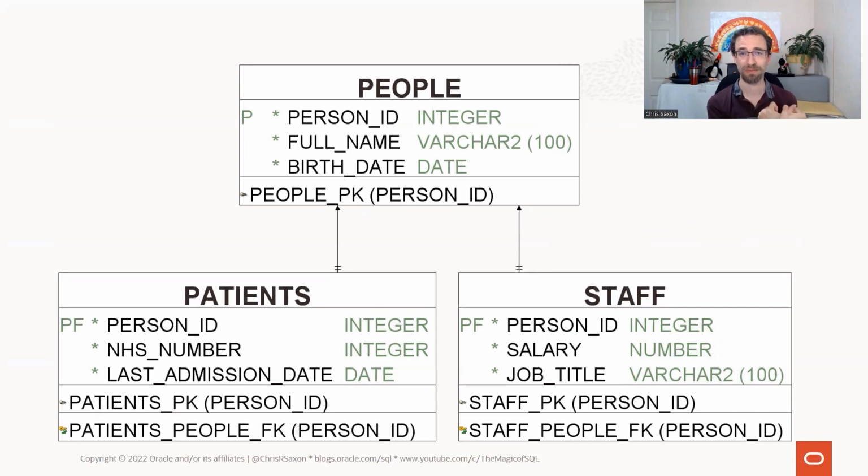This ensures we can make all the attributes mandatory where necessary, we avoid duplicating people's information, and it limits the chance of people accidentally querying patient information when they should be looking at staff and vice versa. So the key point here is quite often you might find a group of columns in a table which as a group should either be all not null or all null. In those scenarios, really, you should be splitting those into their own separate table.